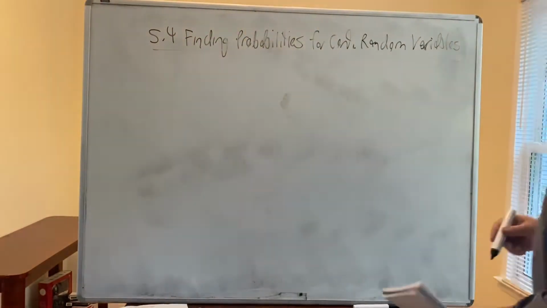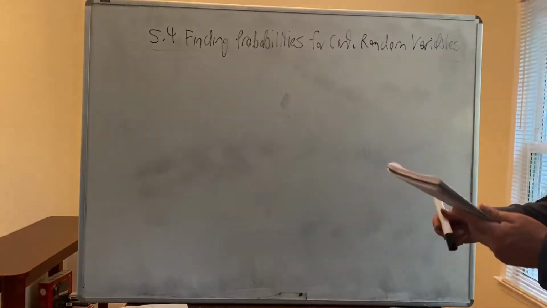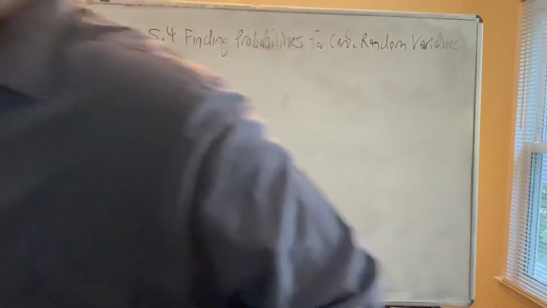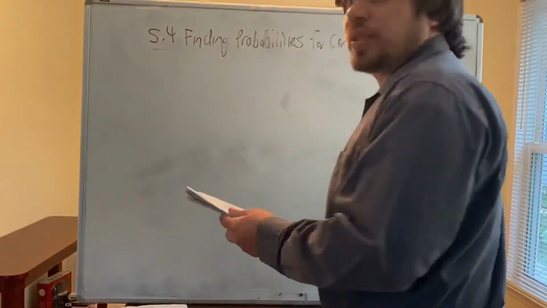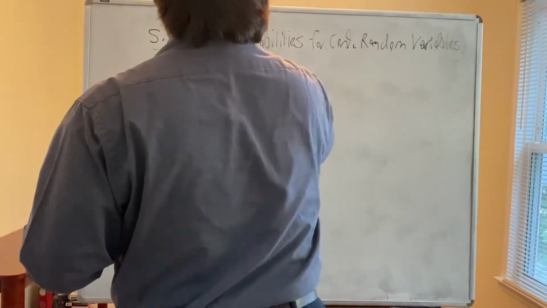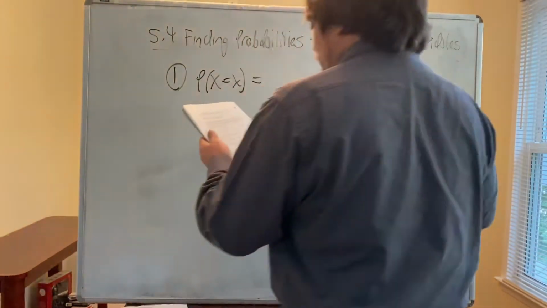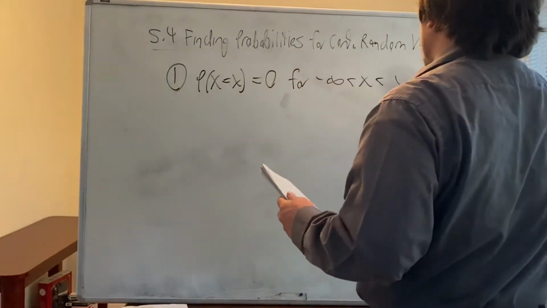Good. Let's check to make sure you can see what I'm writing. 1, the probability that capital X is equal to little x is 0 for negative infinity less than x less than infinity.